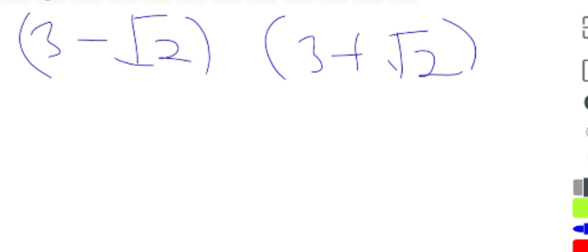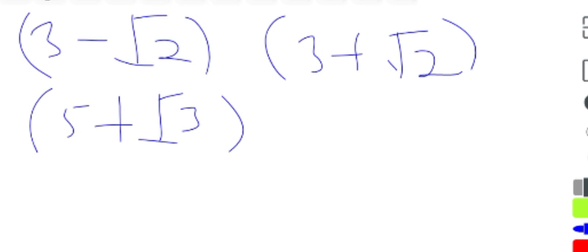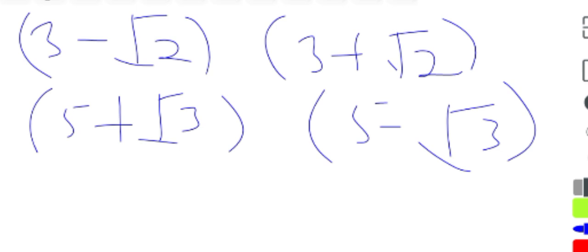So in the same way, if I have 5 plus root 3, then the conjugate of this surd is going to be 5 minus root 3. Okay, so with these two and our multiplications, we should be able to do rationalization of surds.